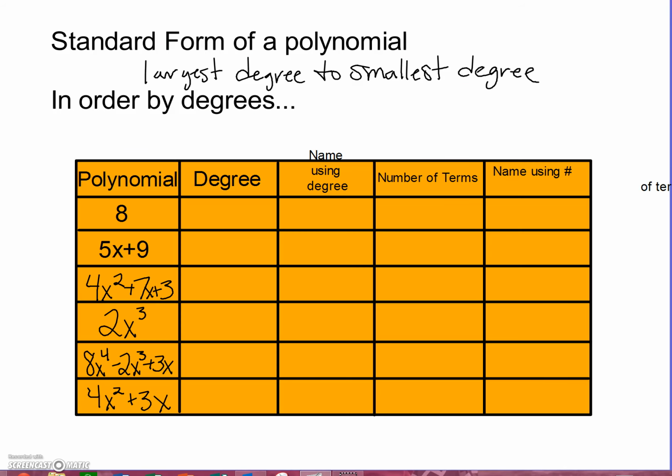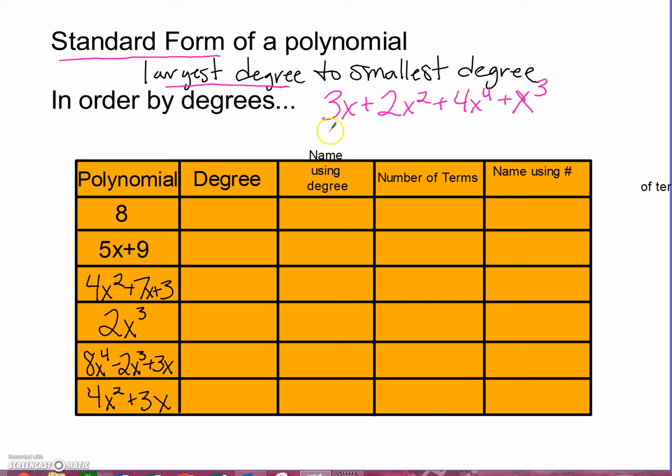Okay, all right, so remember, if it asks you to put it in standard form, that means from the largest degree to the smallest degree. So that is like if you have 3x plus 2x squared plus 4x to the fourth plus x cubed. It wants you to put them in order.